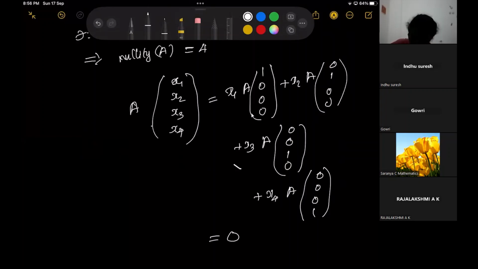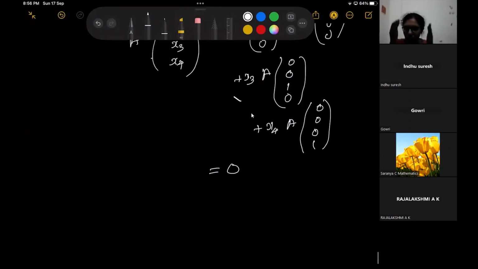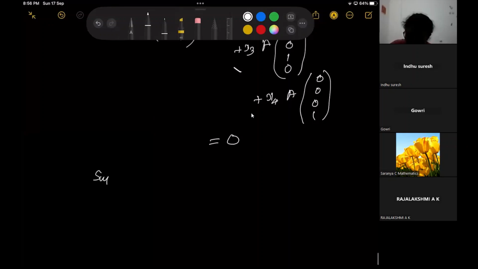Suppose y1, y2, y3, y4 are vectors that are linearly independent eigenvectors.